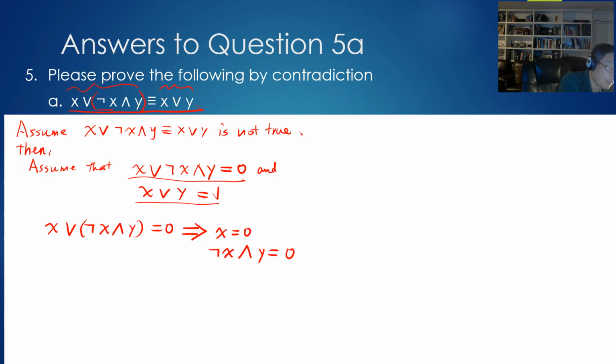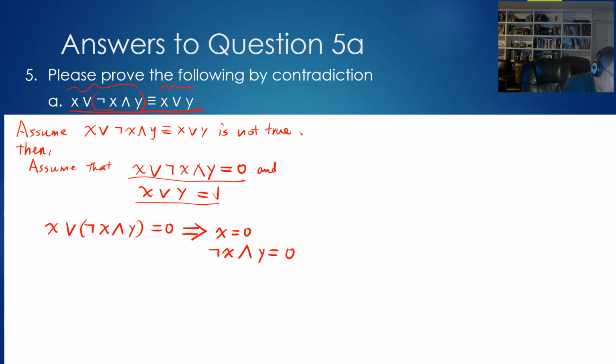Because this is based on the truth table of the disjunction, the OR operation, or the definition of the OR operation. Why?